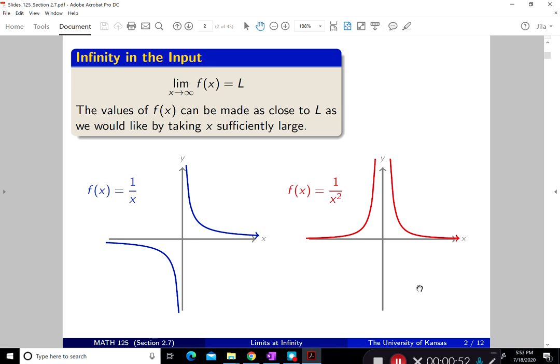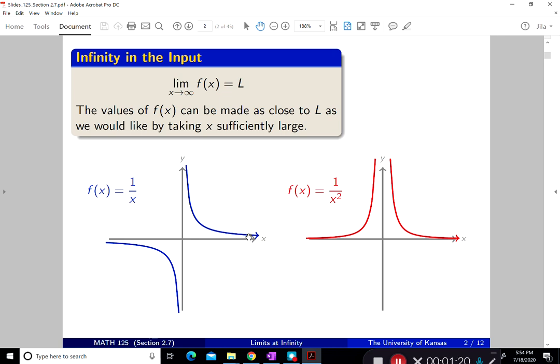Here, for example, you can see on this side that as x gets bigger and bigger, I can choose a small positive number, whichever small positive number I want, and there's an x value big enough that the y value in there is going to be smaller than that, basically.